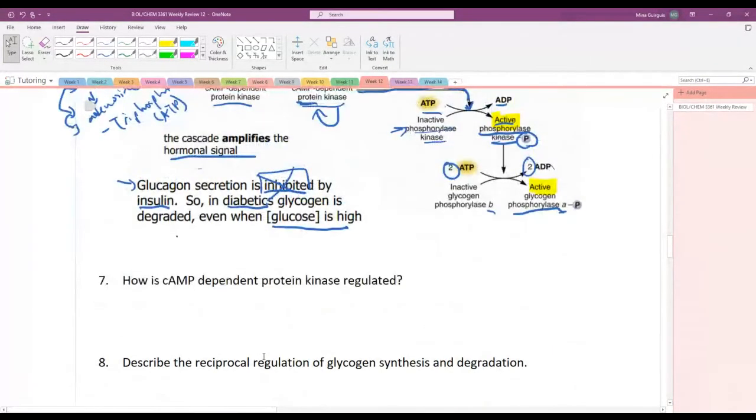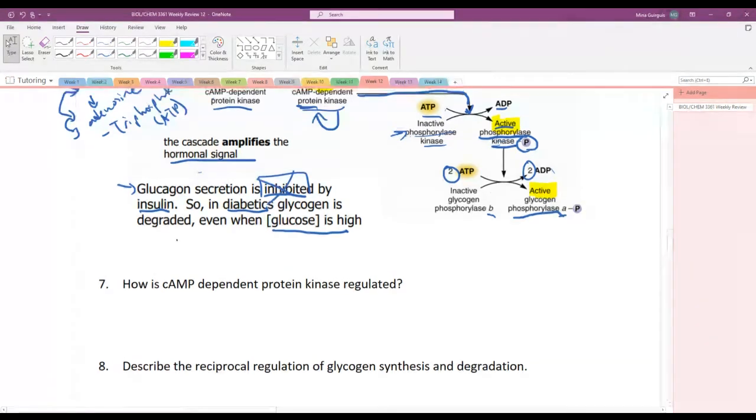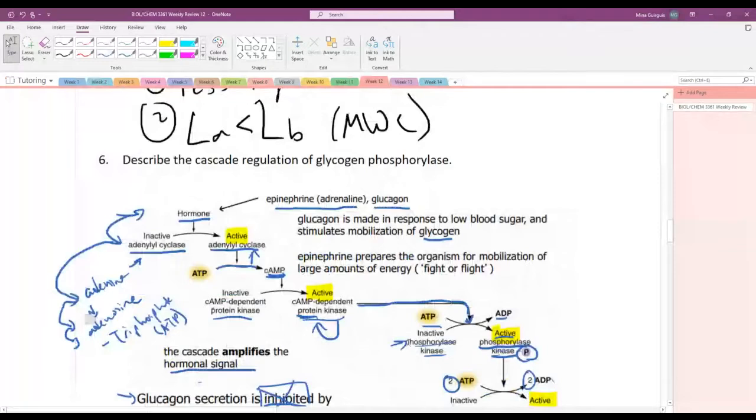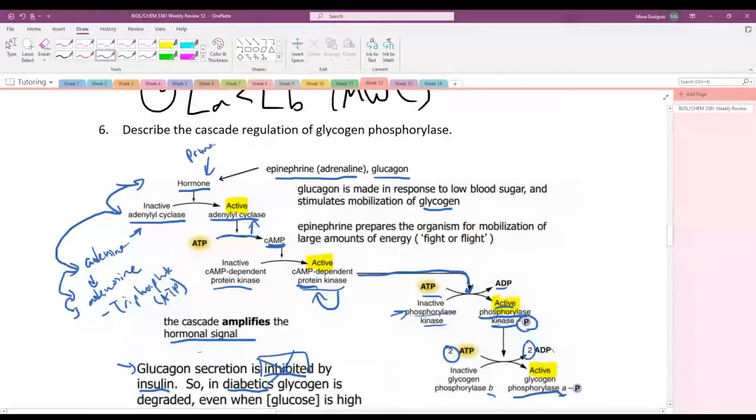Cyclic AMP. Like I mentioned, or actually I didn't mention this, there are a couple of other quick terms that I'm going to mention. The hormone, or let's just say glucagon, is called the primary messenger.